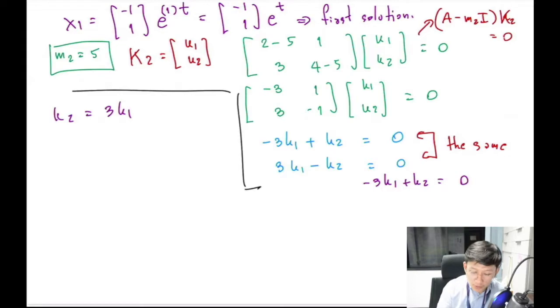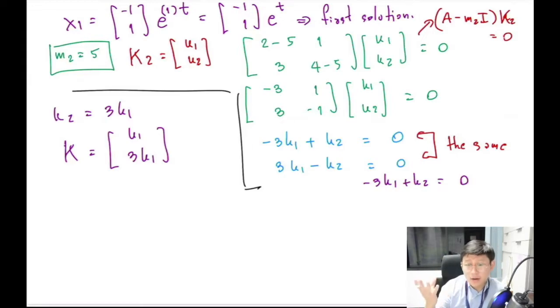So the vector k would be k1 and 3k1. You can see the pattern. You need to write it down in terms of one variable, which is k1, or you can write it in terms of k2 if you want, but k1 is a little easier. You can substitute k1 with any number except 0.